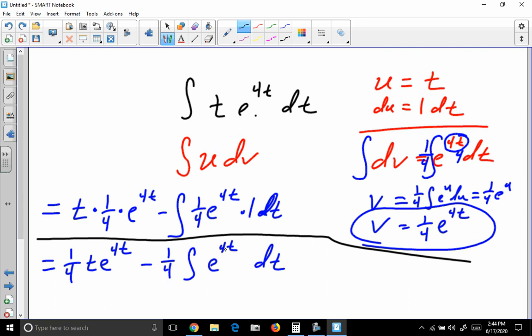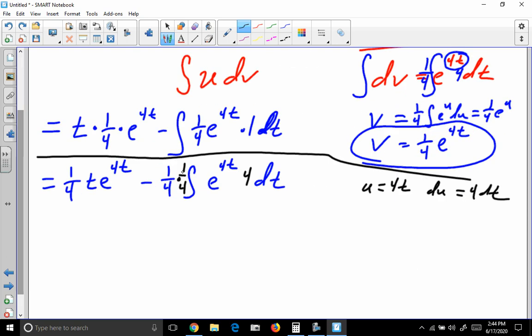For this integral, if we let u be 4t, then as we said a moment ago, du would be 4 dt. So we would need a 4 there, and if we put a 4 here, we have to divide by 4 out front. We already have a 1/4, and we're putting another 4 on the bottom out front. So this is just e to the u du.